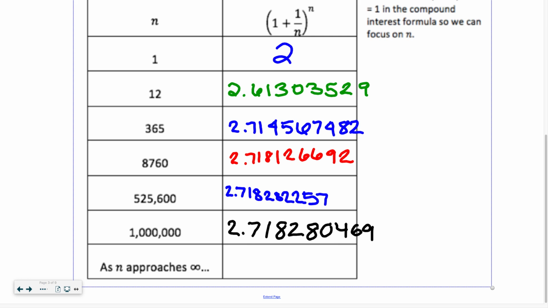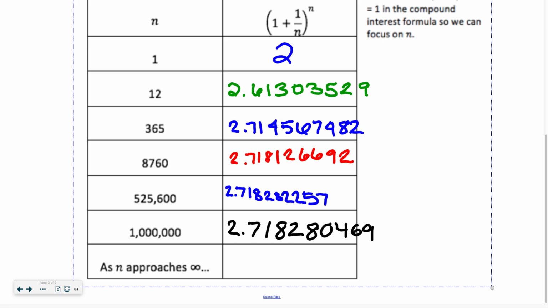We started off low at 2, and then we go 2.613, 2.714, 2.718. I'm seeing change. But after 8,760, it takes me more than 4 places after the decimal to even notice a change.